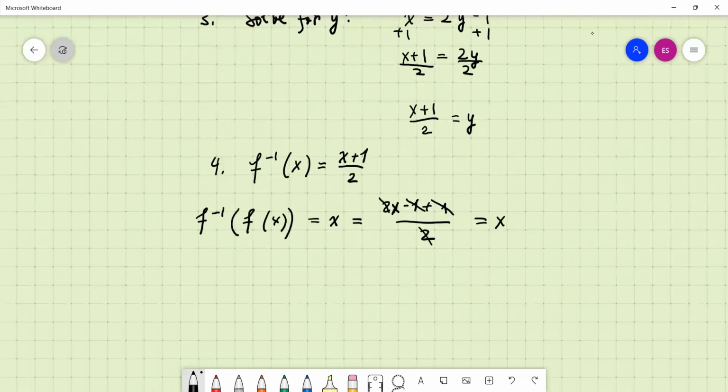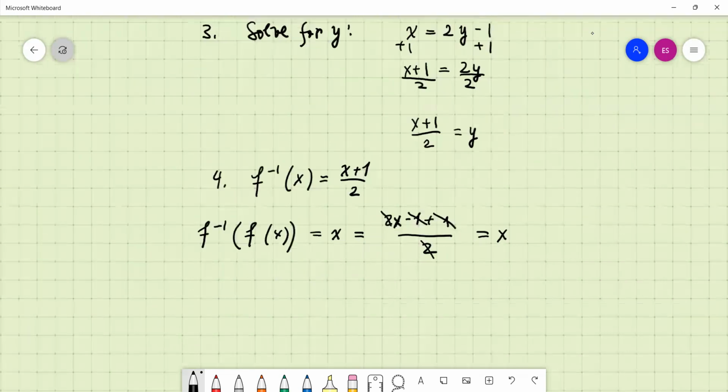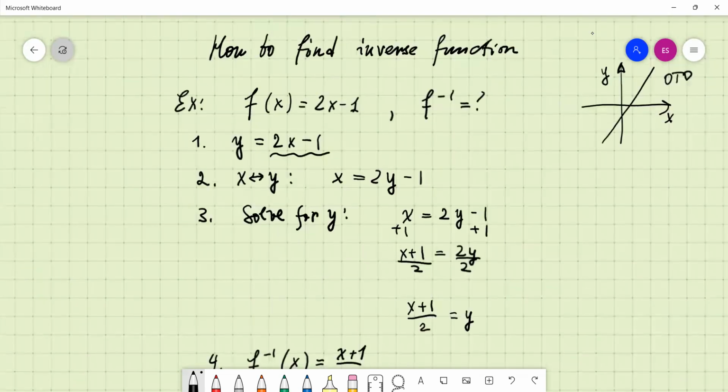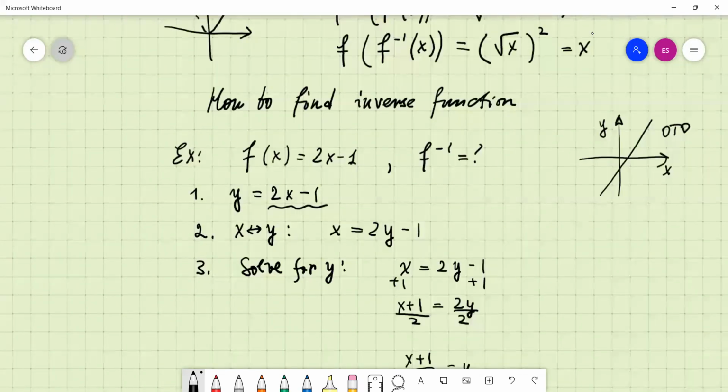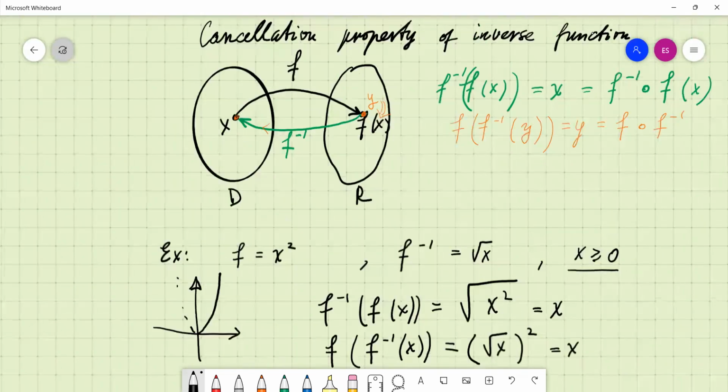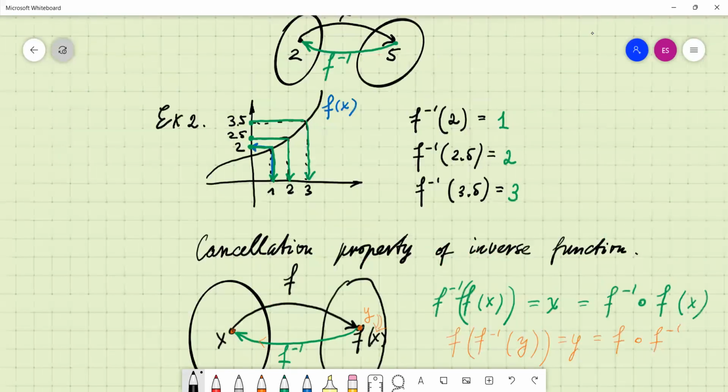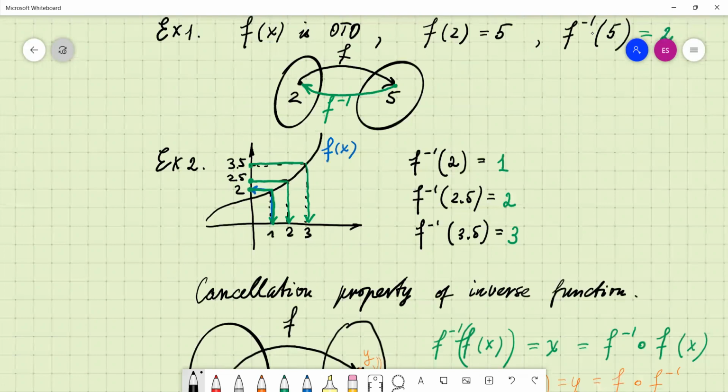Now, let me go back to the graph of the inverse function, because I want to talk a little bit about graphing, but I want to go first to the picture. You see, guys, all functions which are one-to-one have the same property when they are graphed.